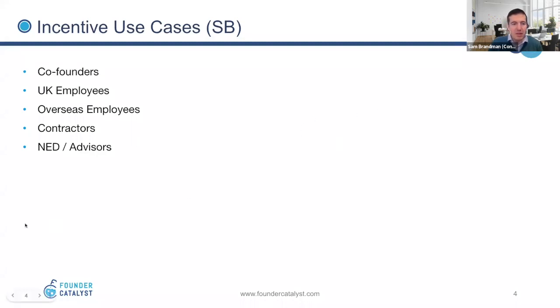So for example, you can see there's a list on there, but a contractor who's doing a one-off piece of work, you're probably just going to want to pay a one-off fee. If you've got a co-founder, they're probably going to want to take equity, and they may not have a salary. Employees, you'd expect to have some sort of salary, possibly with some sort of equity share as well. A NED might also have a combination, but they're all slightly different.